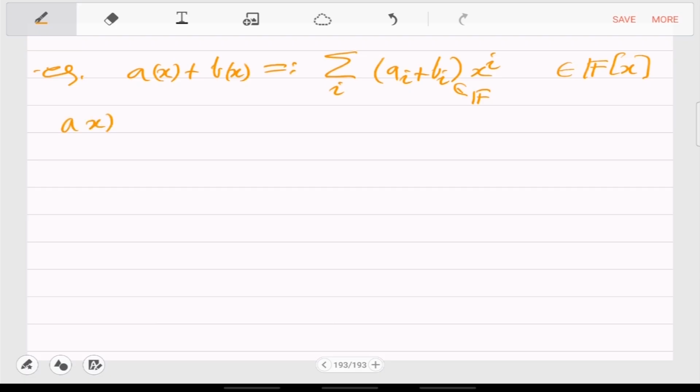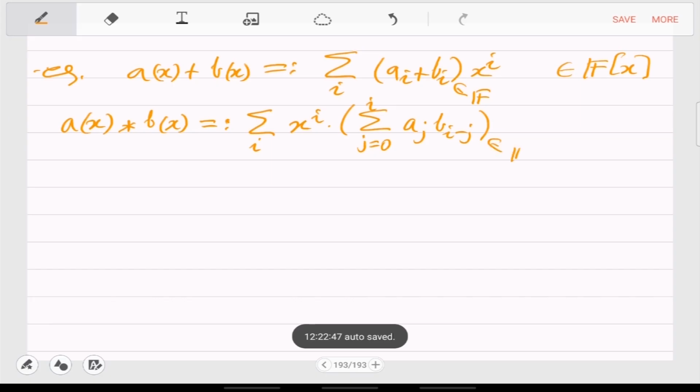And A(x) times B(x) is, how do you write this? So you want the coefficient of x to the i, you have to do sum of Aj B(i minus j). So this is an element in the field, the whole thing is in the polynomial ring.